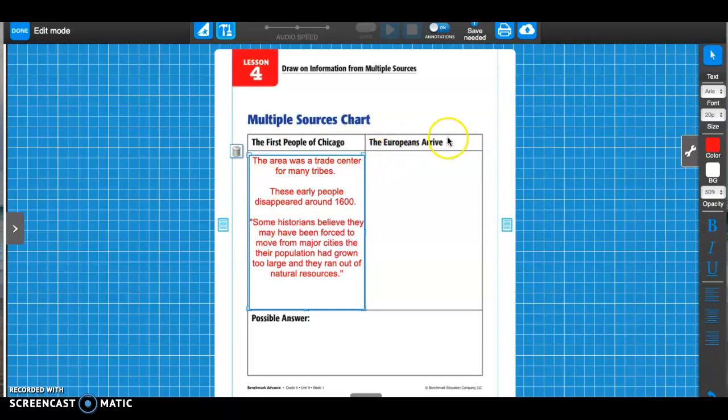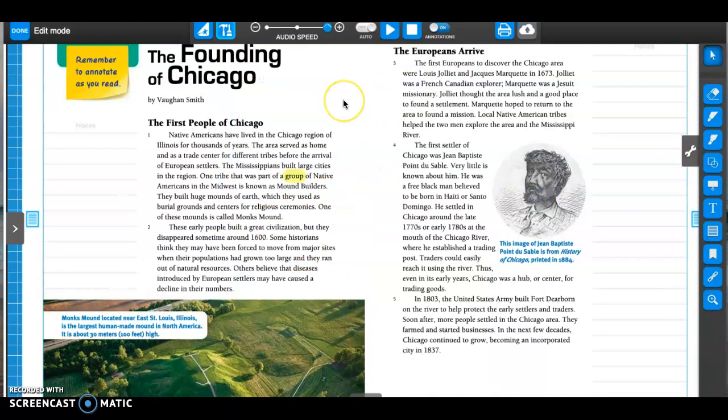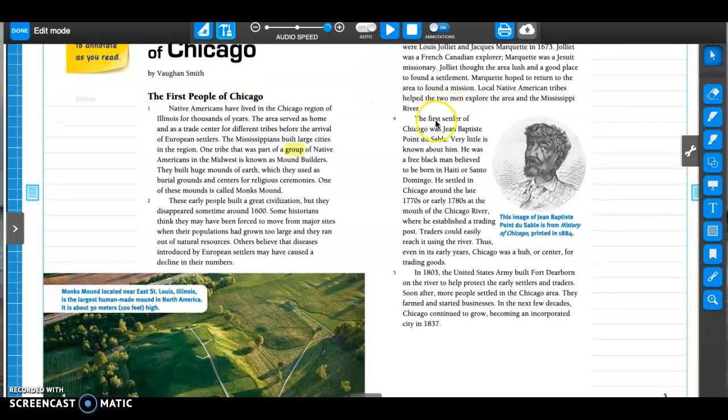Now, taking a look at the Europeans arrived, which is the next section. The first thing that I would like to note is that here in paragraph 4, it says the first settler of Chicago was Jean-Baptiste Point du Sable. Very little is known about him, but he was a free black man believed to be born in Haiti or Santo Domingo. He settled in Chicago around the 1770s or 1780s at the mouth of the Chicago River, where he established a trading post.